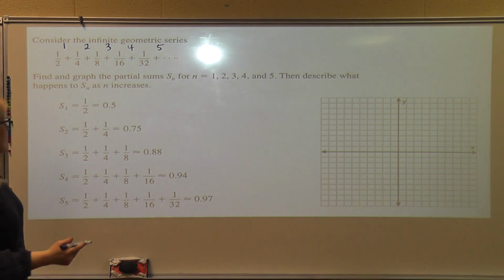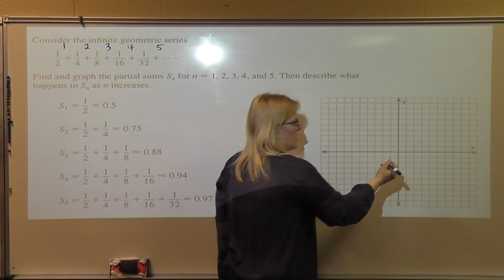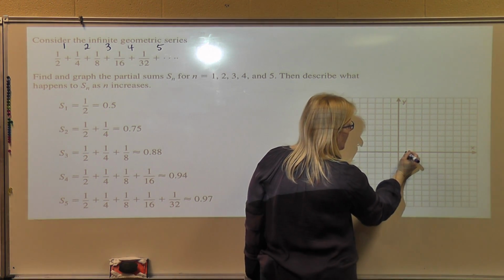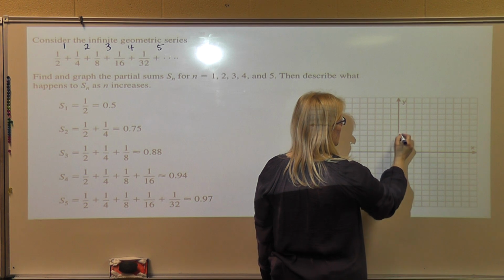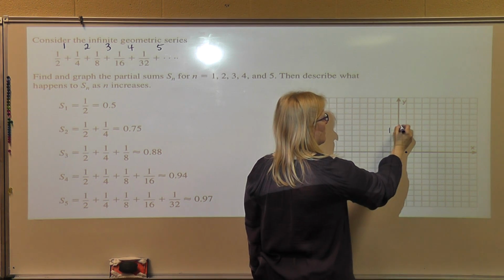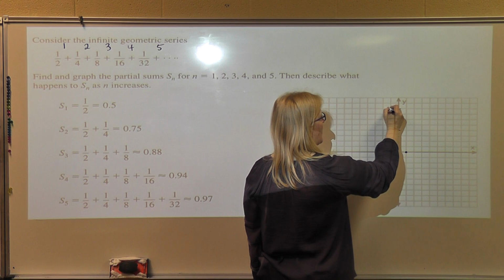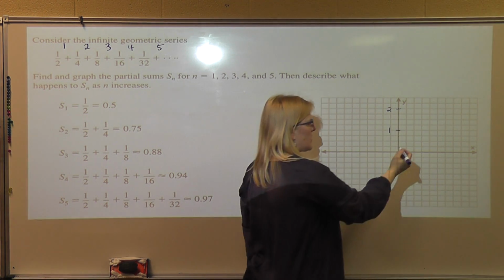So let's look at this and let's graph it. When n is 1, we have S sub 1. I'm going to make 1 right here, 2 right here, okay? So the first one is 1/2.